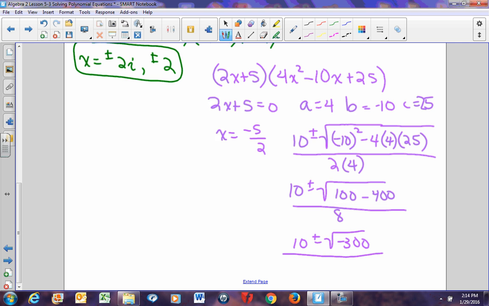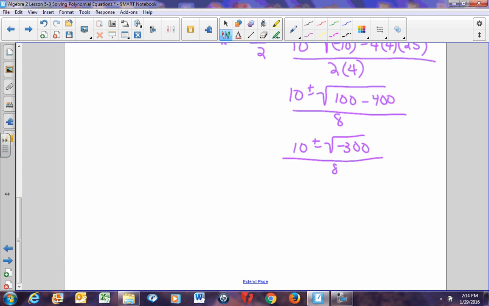All right, so then to simplify the square root of negative 300, that's 3 times 100. 100 is 10 times 10. Right, so that's going to be 10 plus or minus 10i square root of 3 all over 8.